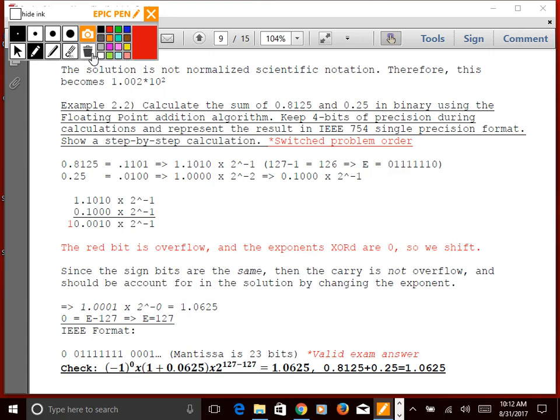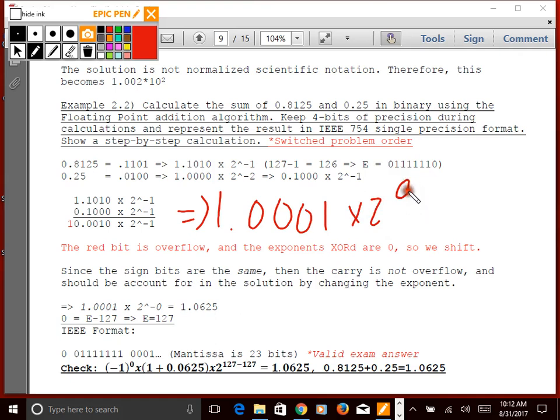And the reason we're able to do this is because we are having two 23-bit values that we're adding with a 32-bit adder. So we make the exponents the same. The overflow is actually not really overflow because we still have another 9 bits we can use in the adder. So we can just shift it. We just then tell the arithmetic logic unit to change the exponent. So therefore, this just becomes 1.0001 times 2 to the 0.